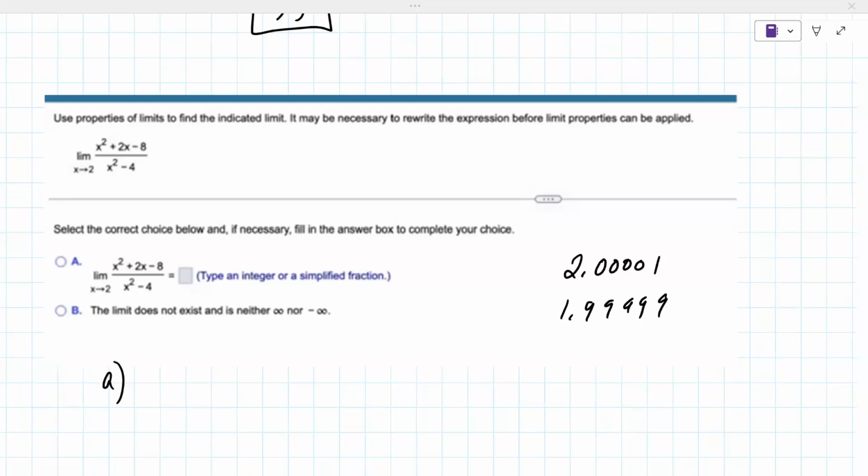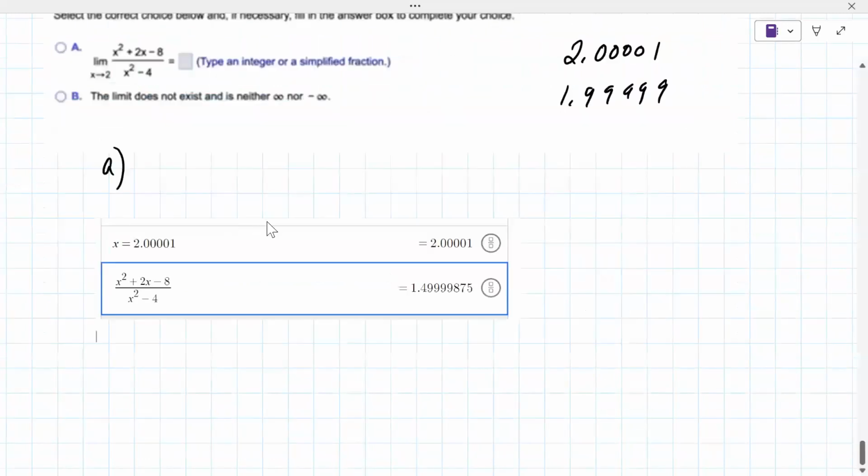So X squared. I'm going to put this on the screen here in a moment, so you can see what I'm doing. Even though I'm using the Desmos calculator, it'll look the same on your end.